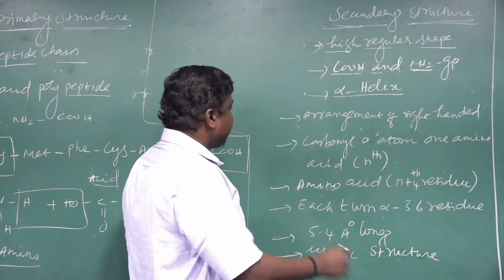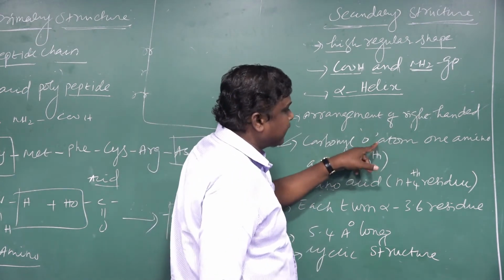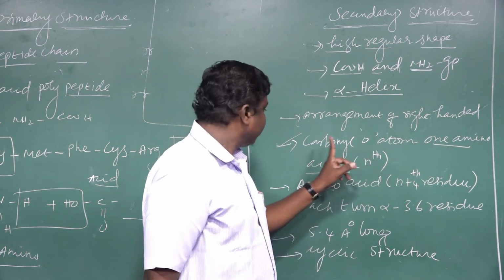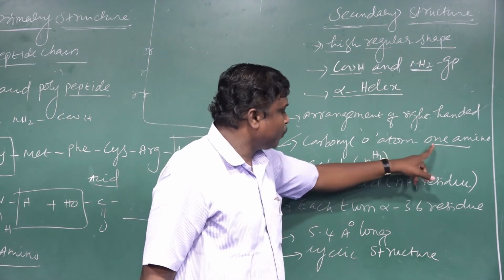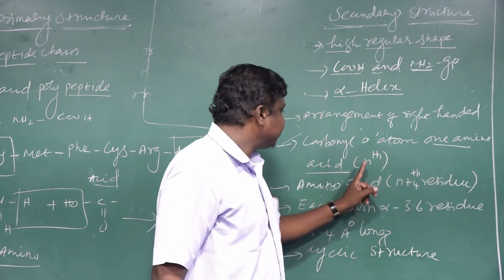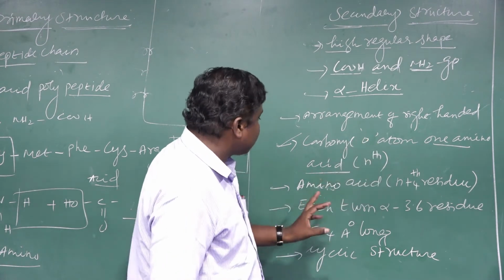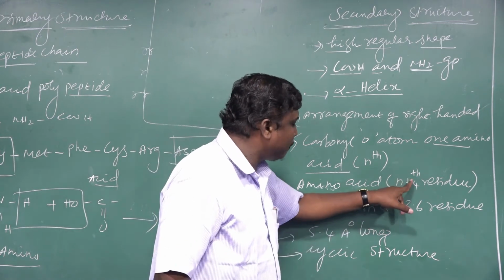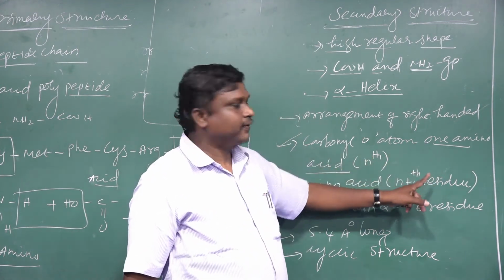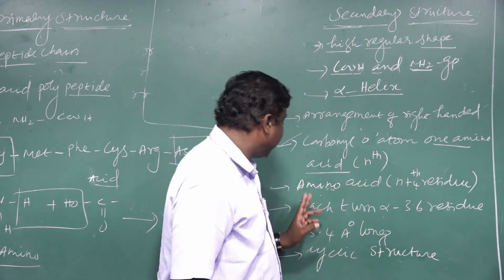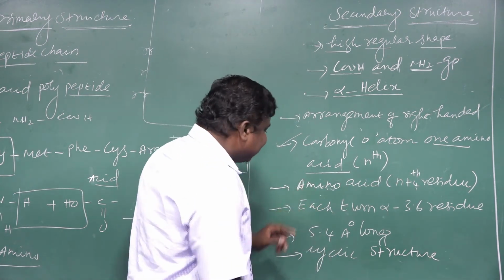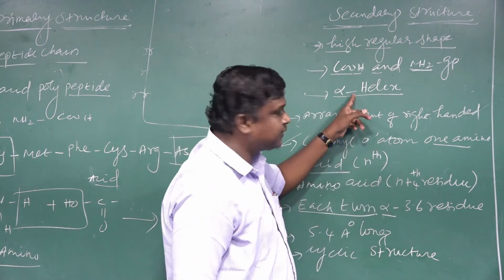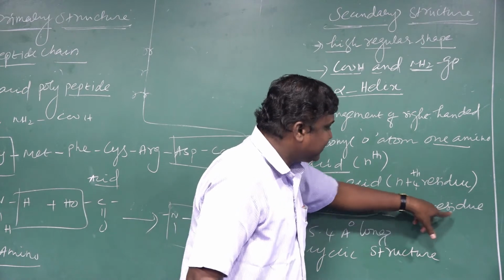Second point, number 2, the carbonyl oxygen atom of one amino acid, that is the nth residue, bonds with an amino acid at the fifth position, that is the n plus fourth residue. Each turn of the alpha helix has 3.6 residues.